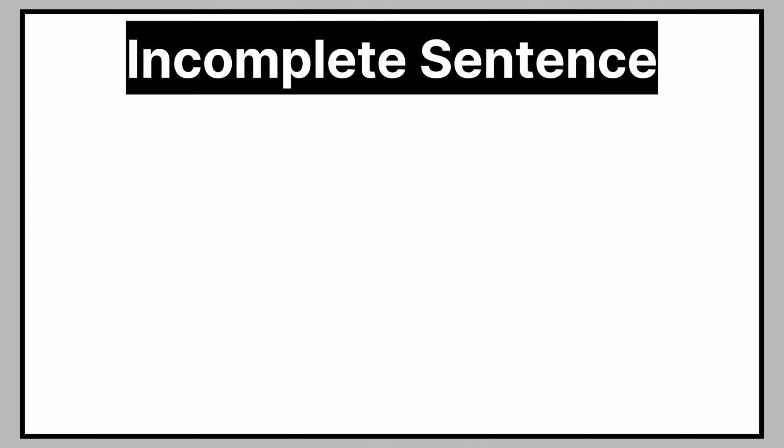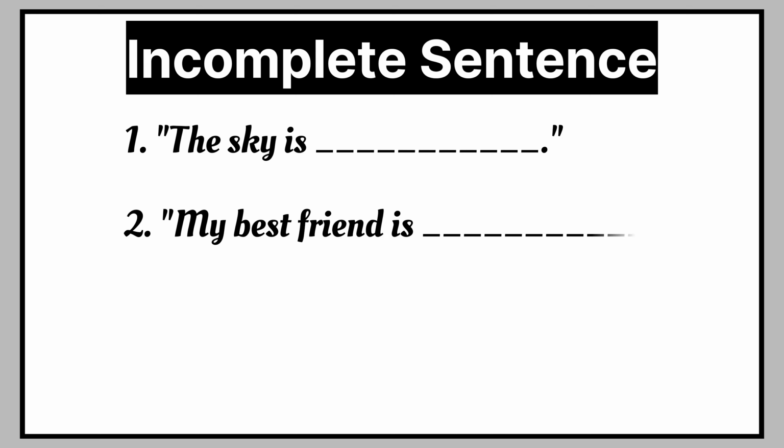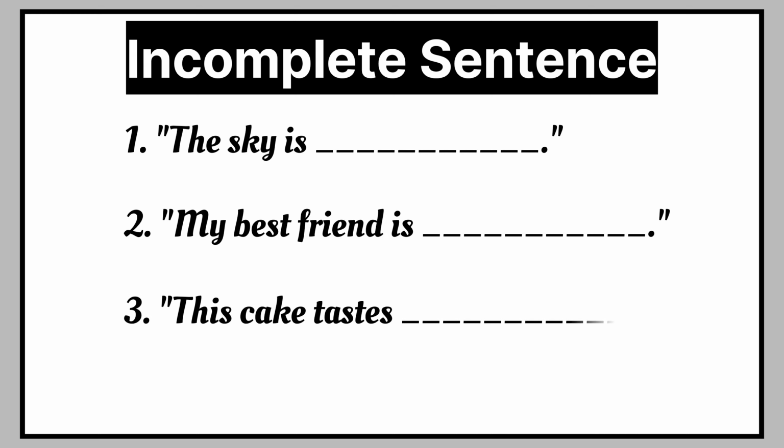I will show you some incomplete sentences and you have to complete them using adjectives. Take a moment to think and say your answer aloud. You can even write them down. Try using different adjectives each time.